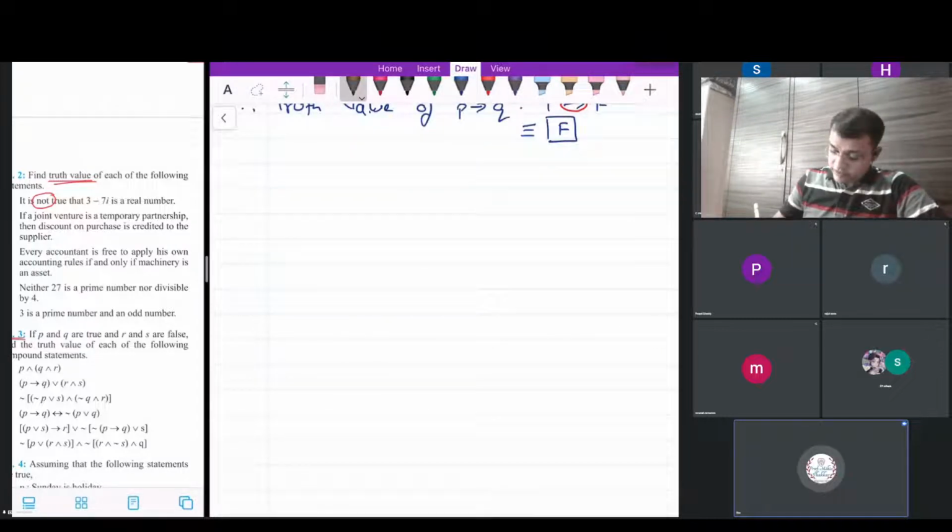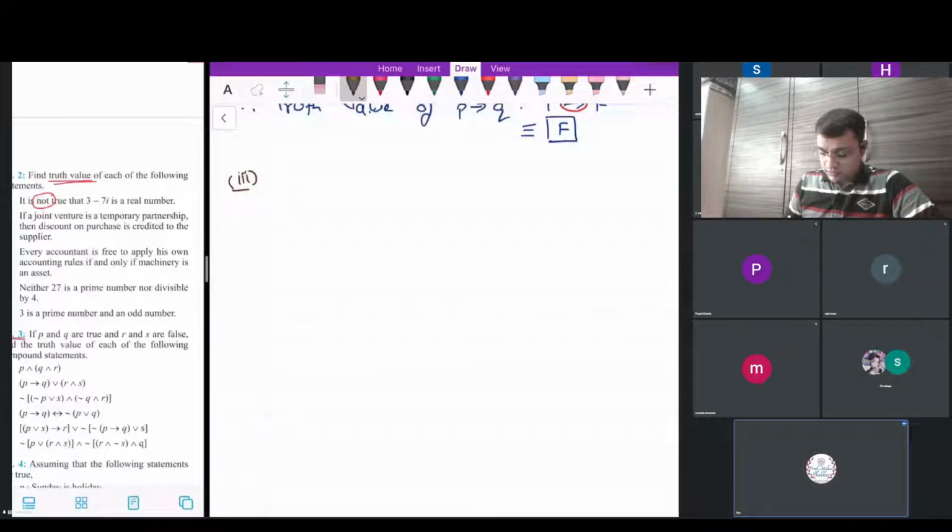So in the third one, he has given to you the statement as every accountant is free to apply his own accounting rules. So this is one of the statements, if and only if we consider that machinery is an asset.